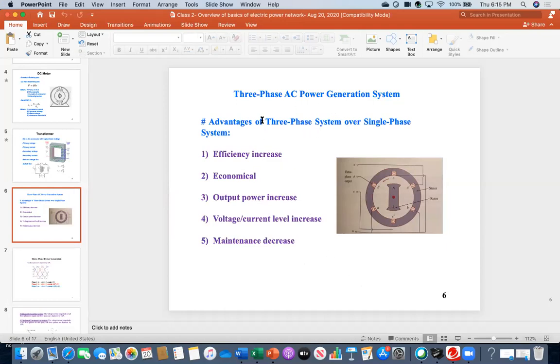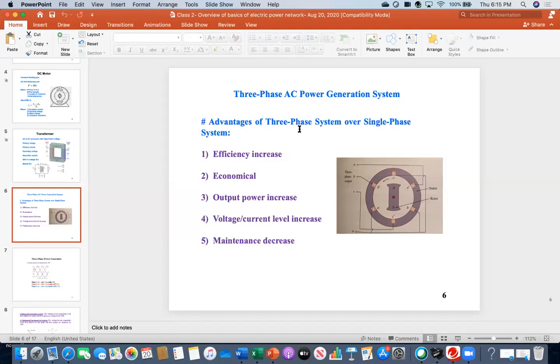So here you see what I am discussing: the three-phase AC power generation system. What is the advantage of a three-phase system over a single-phase system? You know that in most cases we are the customers and we have a single-phase system at home. And where is the application of three-phase load? That is mainly industry, like the three-phase induction motor and three-phase synchronous motor.